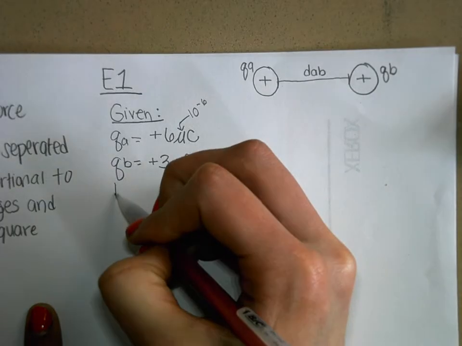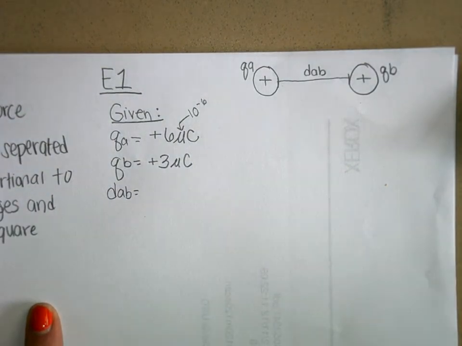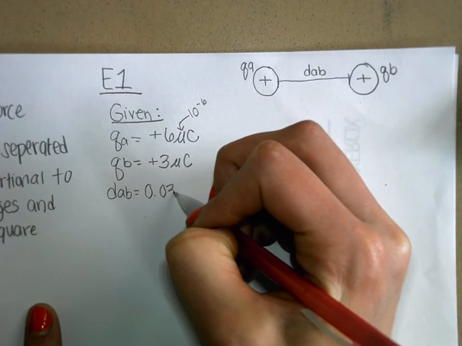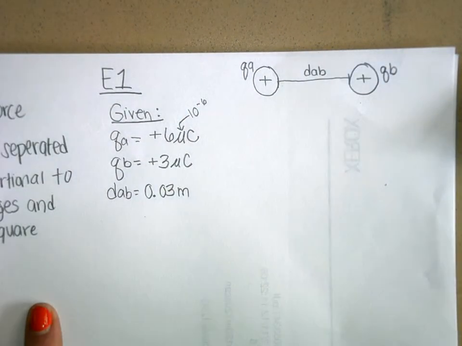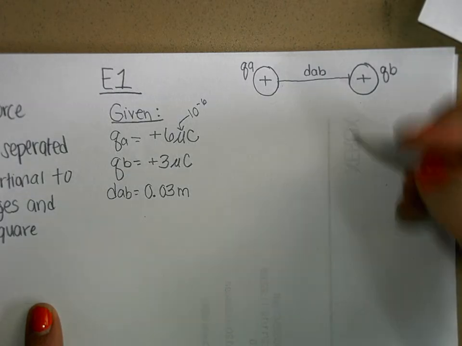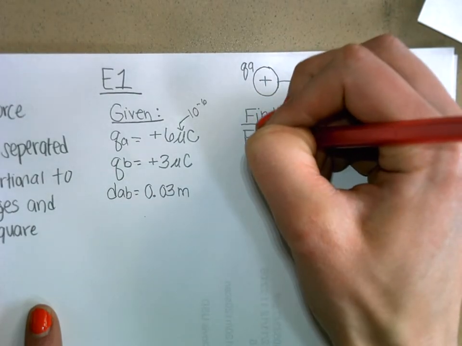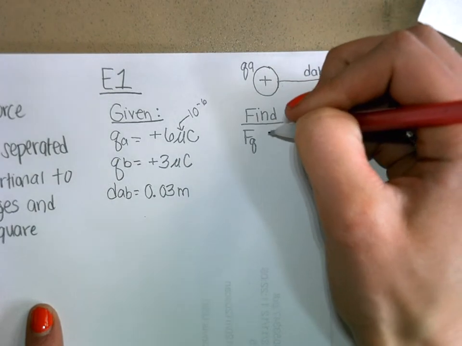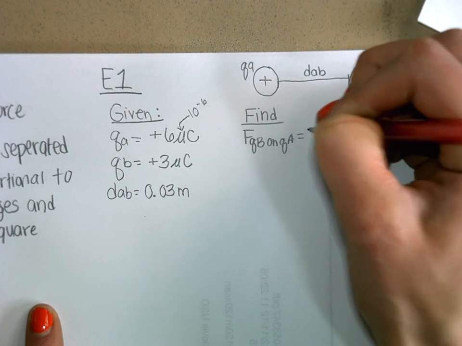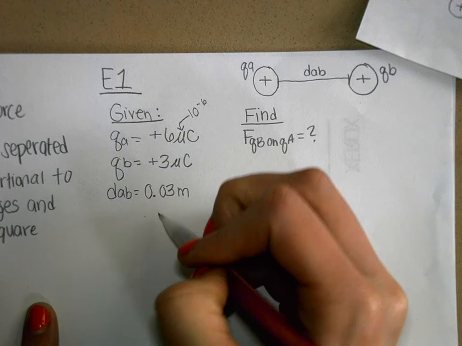And the book told us that our distance between A and B was 3 centimeters, so we need to convert that to meters. That just gives us 0.03 meters. So they're asking us to find the force of charge B on charge A. To solve, we can use Coulomb's law.